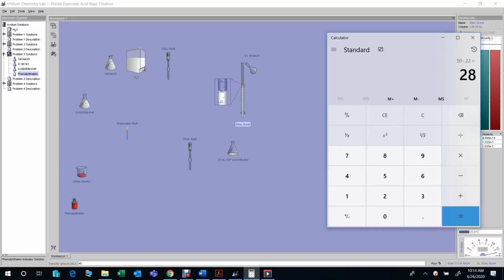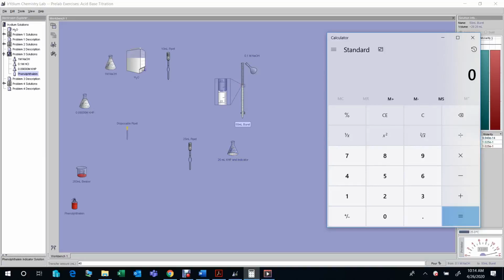28, and then we can stop here, and we need to keep this volume, and we can do some rough calculation and find that 28 milliliter solution should be enough for the titration, right? Because at the equivalence point, the moles of KHP and the moles of sodium hydroxide should be the same.